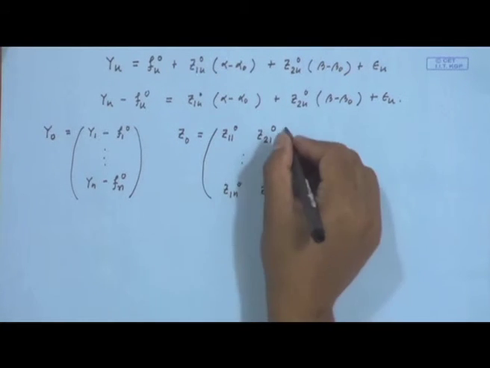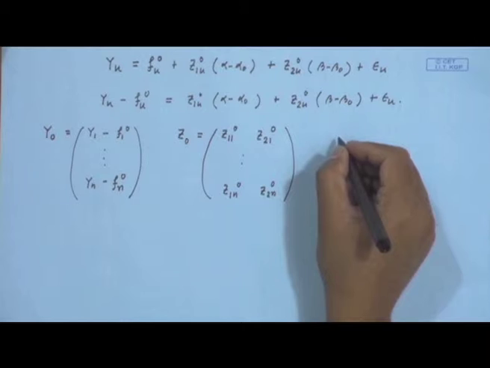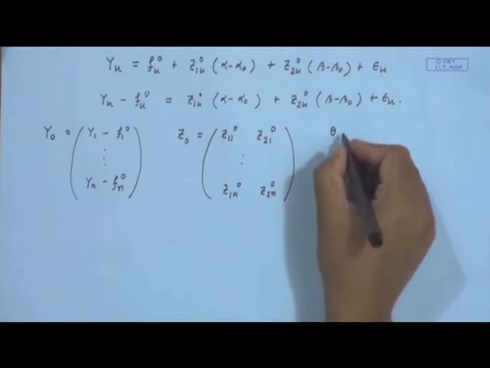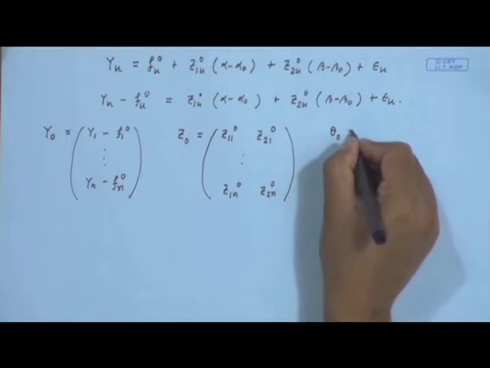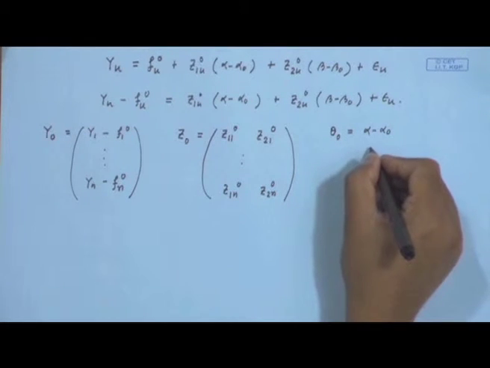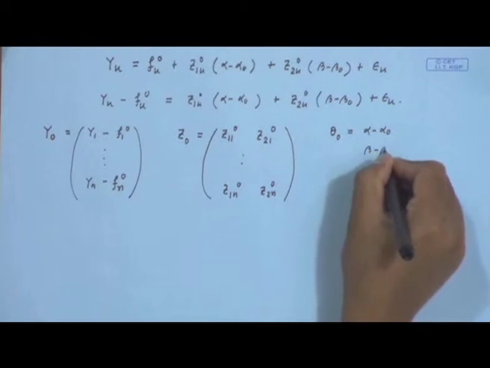So, this is sort of the coefficient matrix, and my parameter vector theta naught is equal to alpha minus alpha naught and beta minus beta naught.